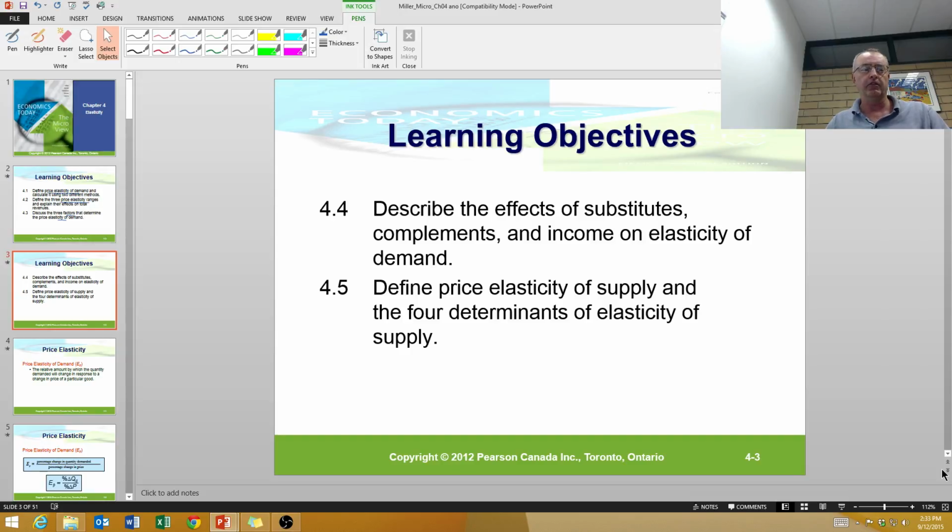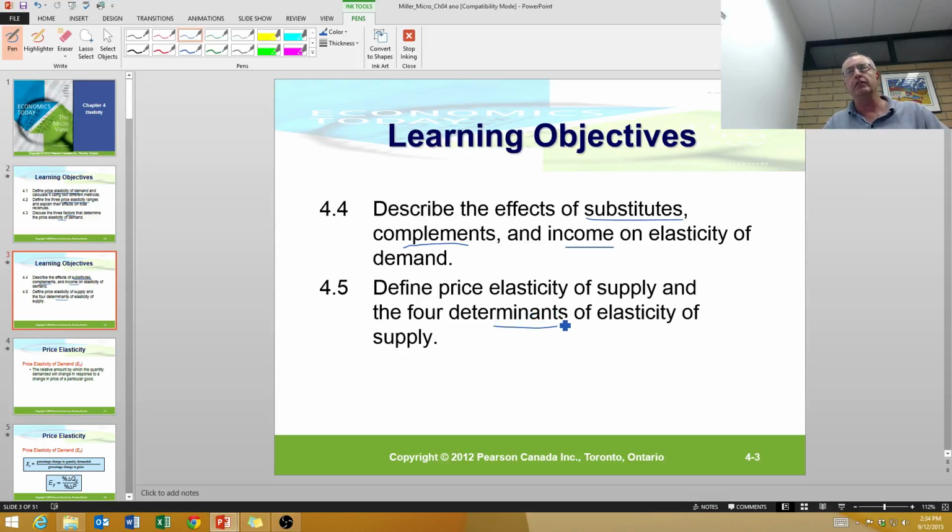We look at the effect of price changes on total quantity supplied by the market, and we look at the impact of substitute products and complementary products and changes in income on our demands for products as prices change.